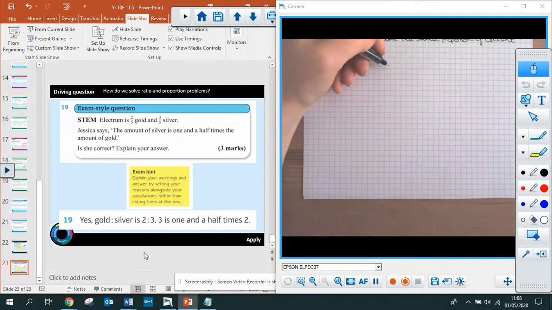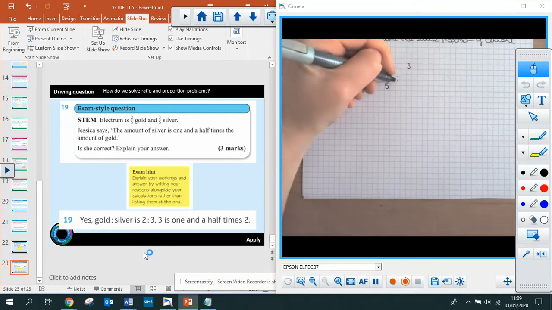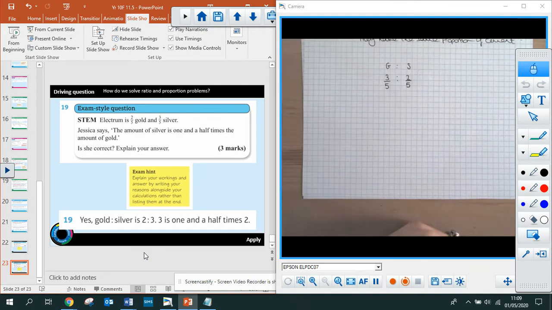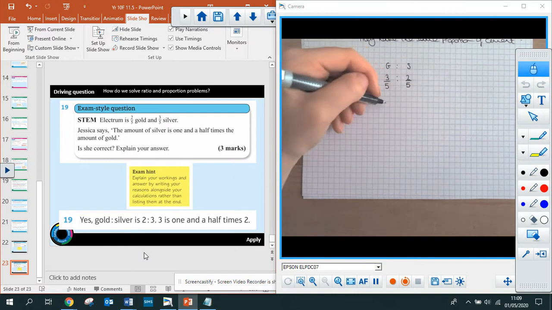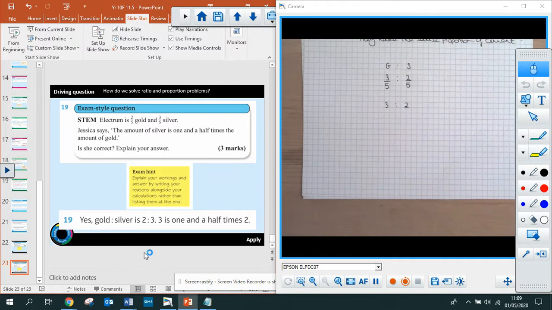So we've got gold to silver, 3/5 to 2/5. I want to get rid of my fraction because I don't write ratios in fractions, and I know that actually that will just be 3 to 2. We know that from our previous lessons, so 3 to 2.